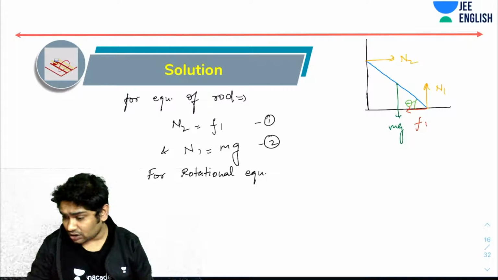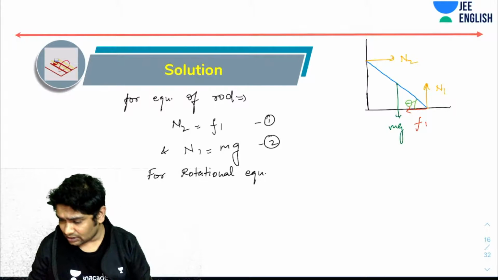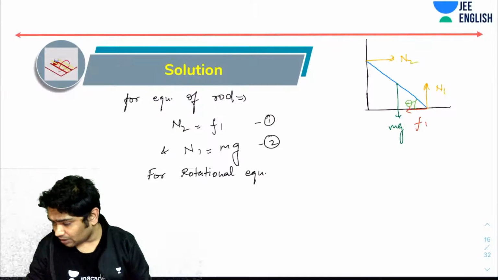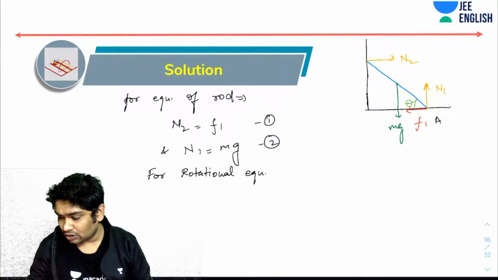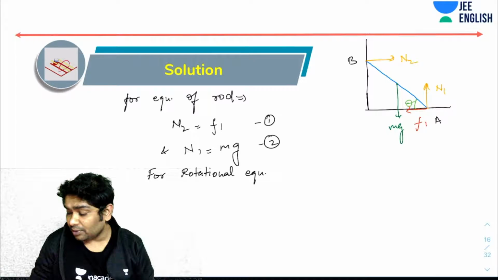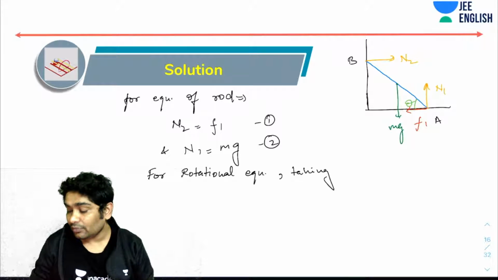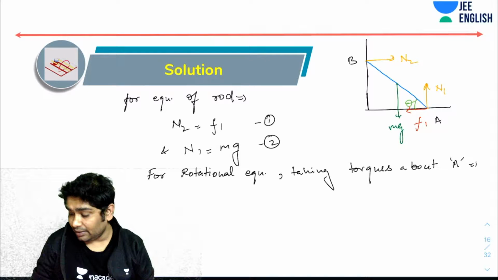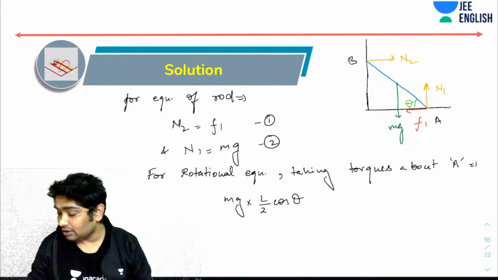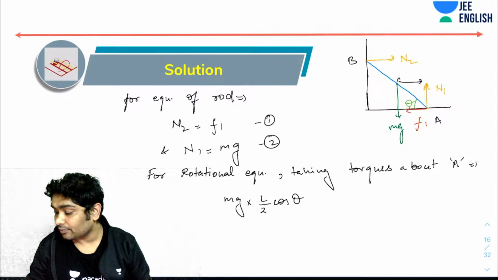So taking torques about, let's say this point, let's call this A and let's call this B. For rotational equilibrium, taking torques about A, let's see what that gives me. Taking torques about A, I will get that mg times L by 2 cos theta, right? This would be L by 2 cos theta.